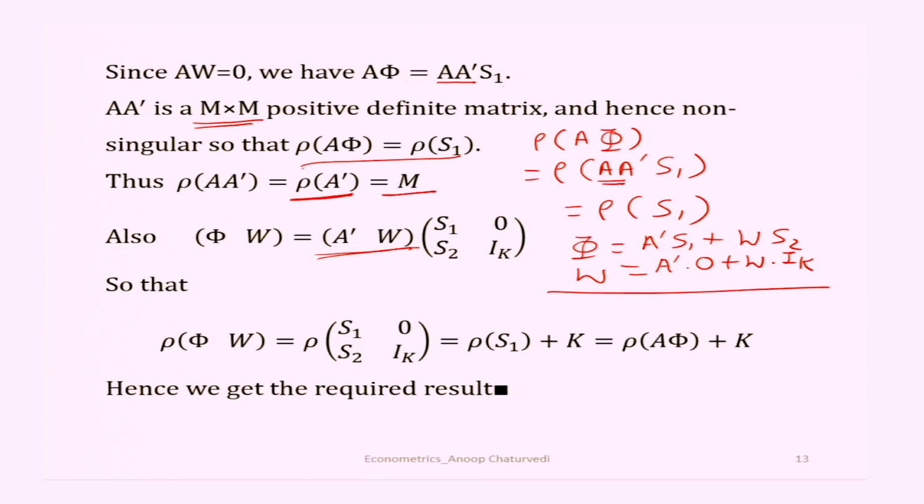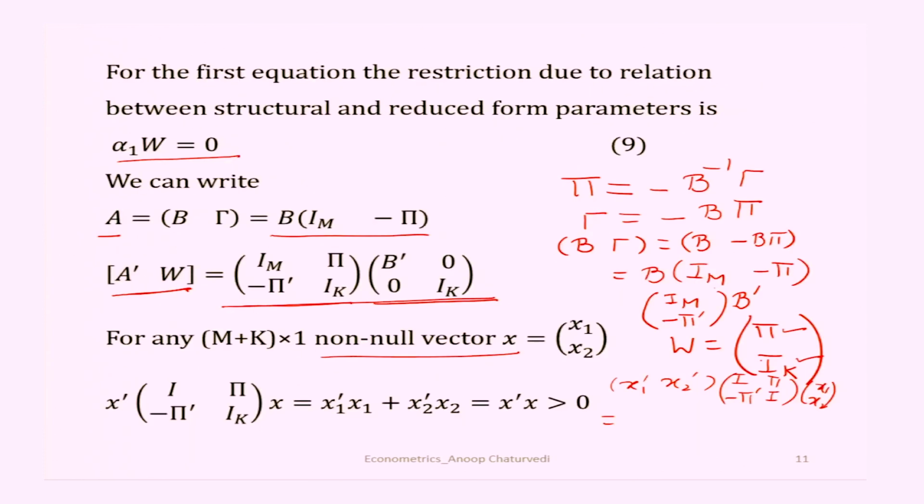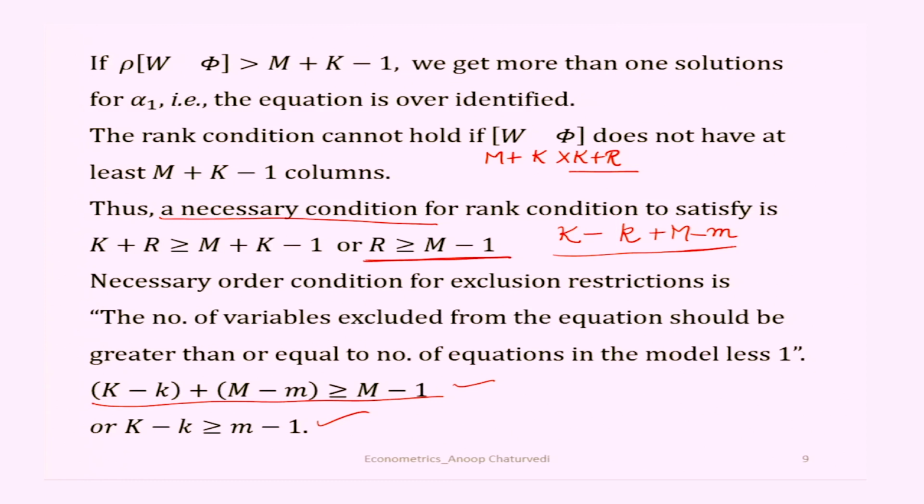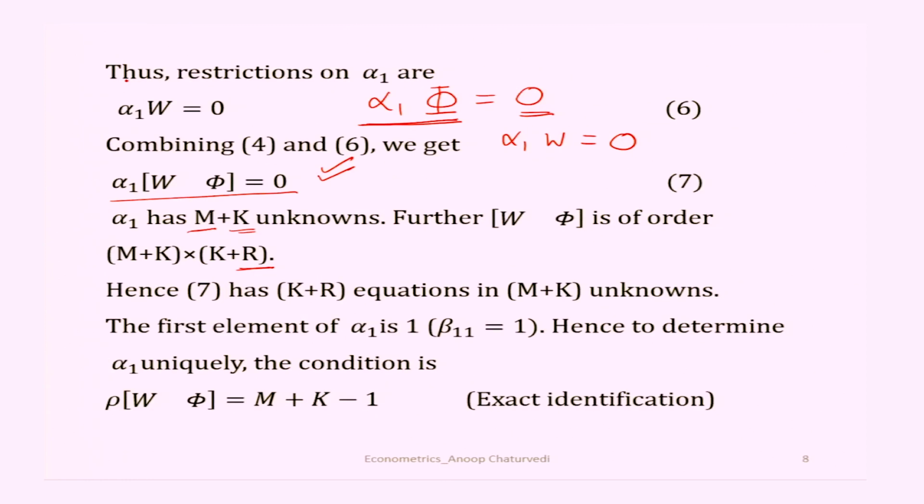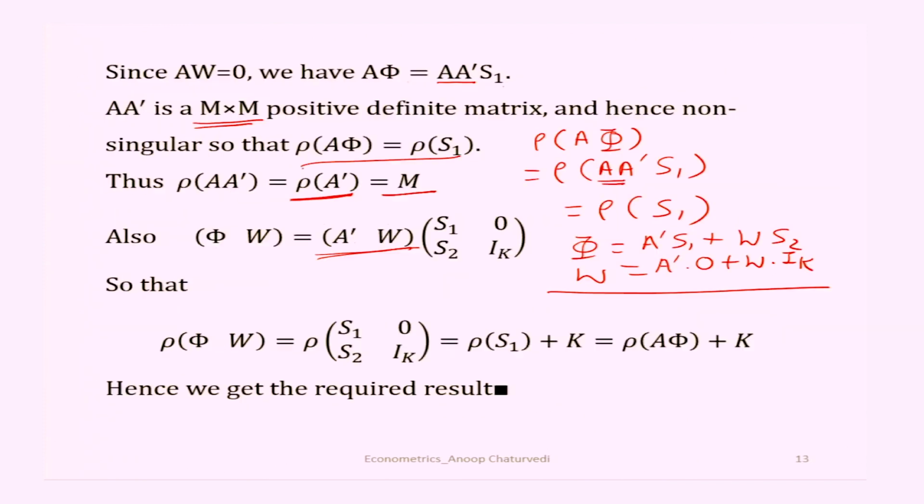Say we had the rank condition, rank of w phi greater than or equal to m plus k minus 1. Then rank of w phi is equal to, we have shown that rank of phi w or rank of w phi is equal to rank of A phi plus k.